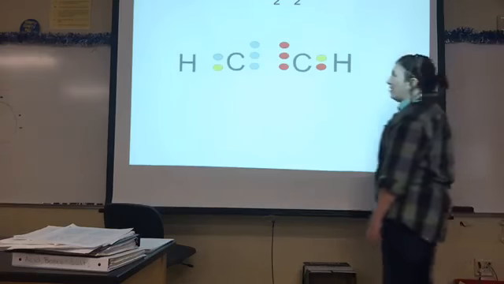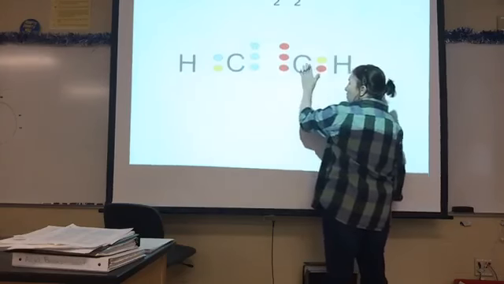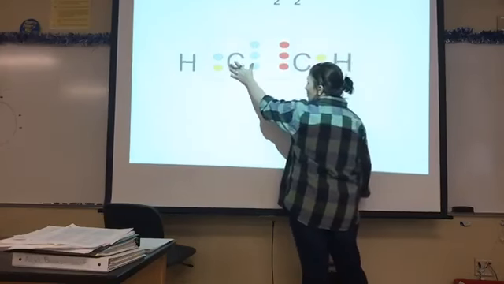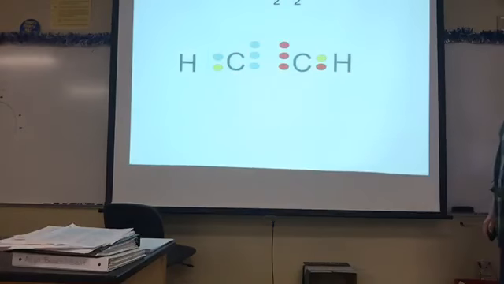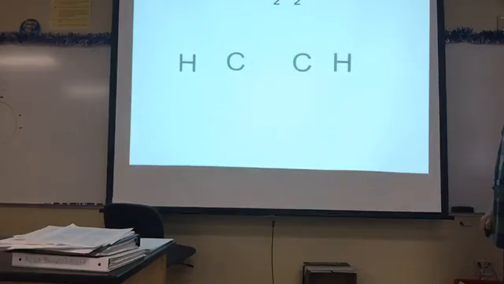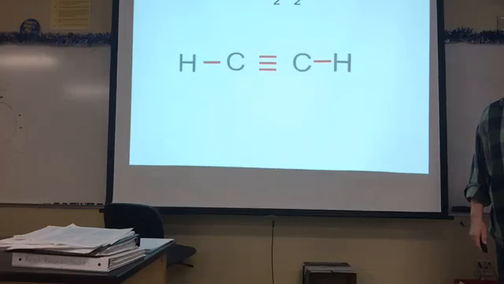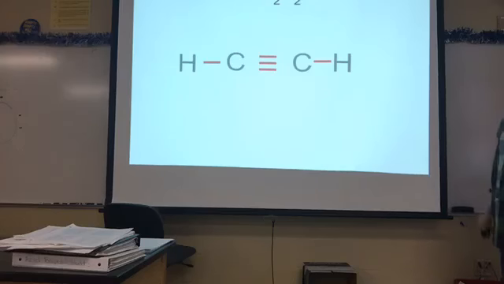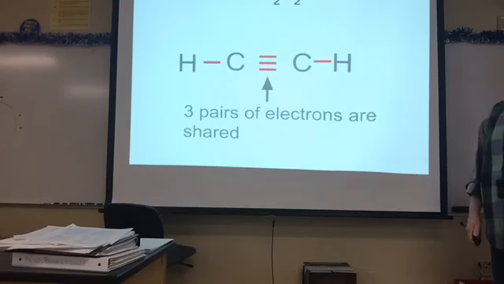So now I have 2, 4, 6, 8 electrons around this carbon, 8 electrons around this carbon, 2 around the hydrogen. We drop the dots. We put the lines in. Lines are much easier to deal with than all those dots, right? So that is 3 shared pairs of electrons. There's 6 electrons there. Any questions so far?